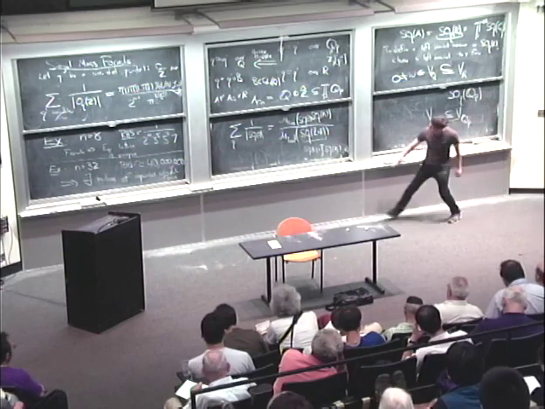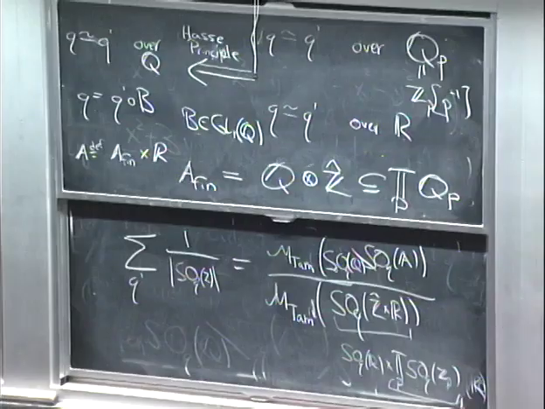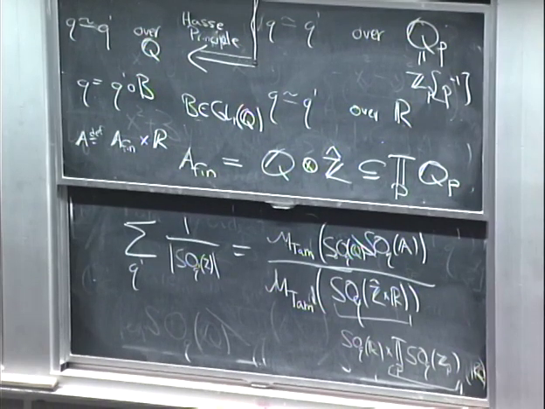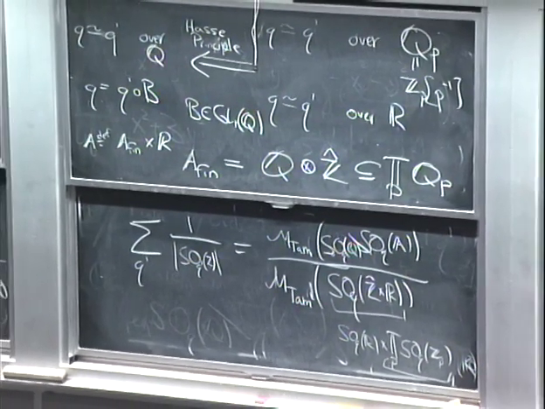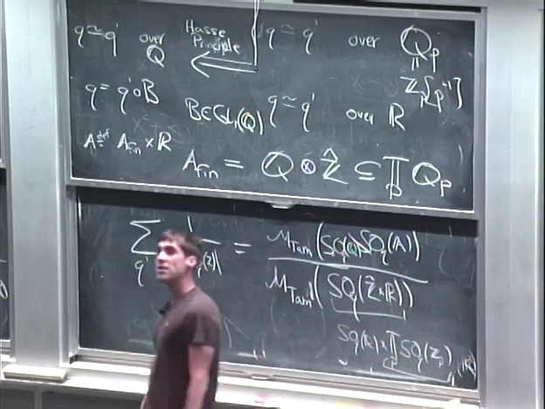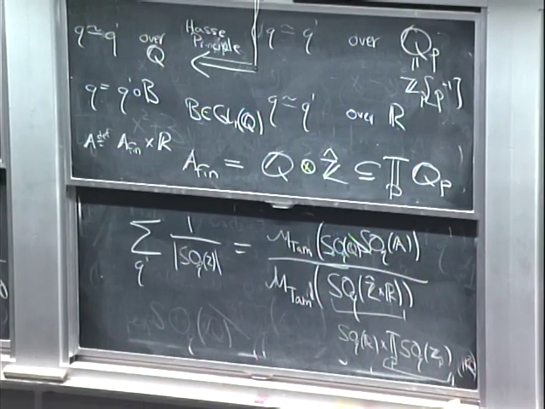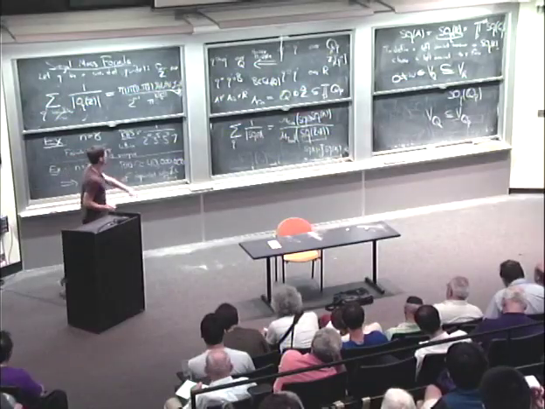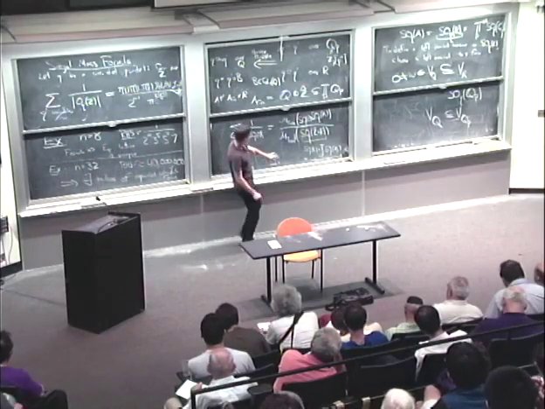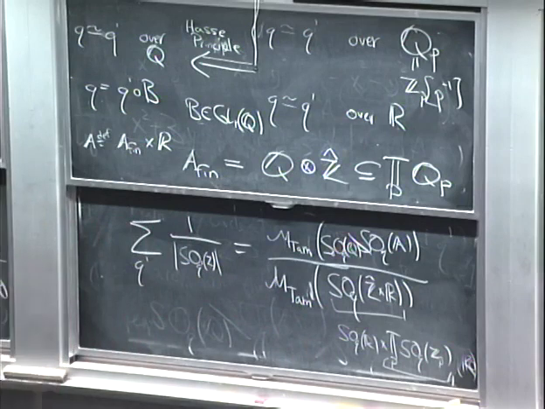And then you have to figure out the volume of all these other factors, and that's essentially a counting problem that you have to think about mod p for every p. You solve all those counting problems, and you multiply all the answers together. So that should be something that has some kind of Euler product expansion, and maybe something where you would expect to see some Riemann zeta functions appear.